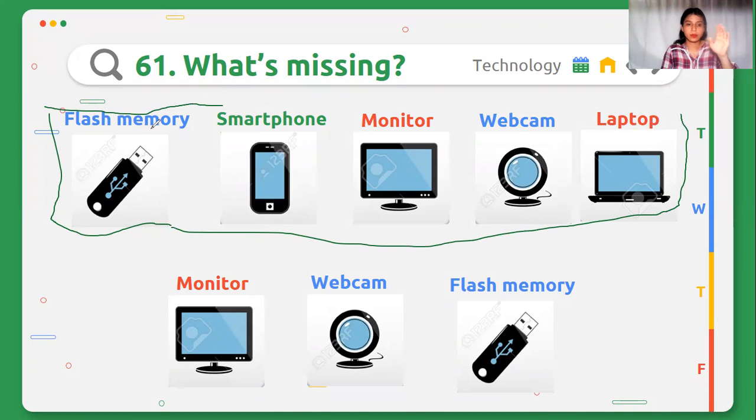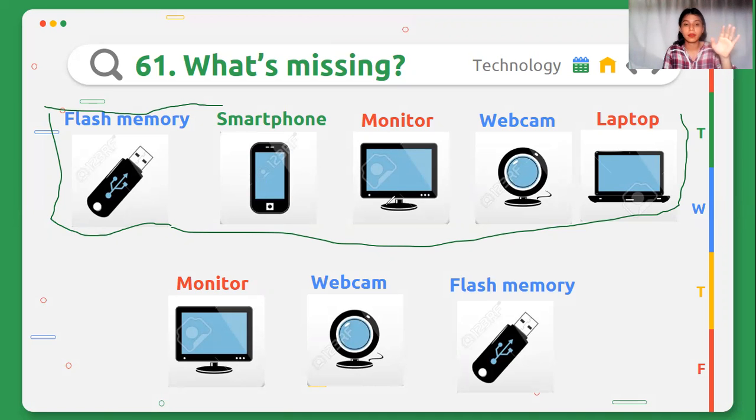For example, flash memory, smartphone, monitor, webcam, and laptop, the student has to keep this in mind. The teacher can give 1 minute or only 30 seconds, I don't know. That depends on the difficulty of the activity.